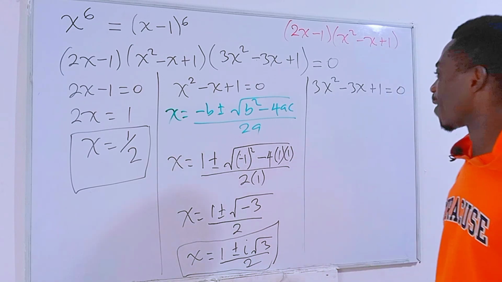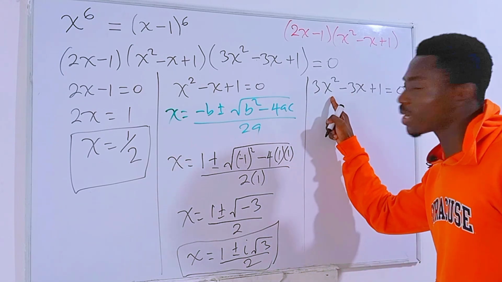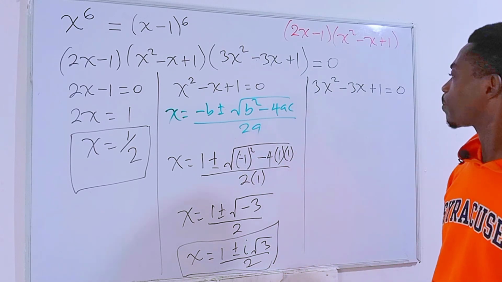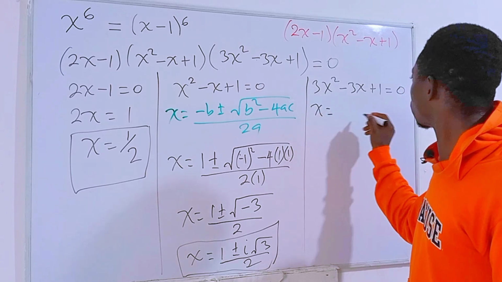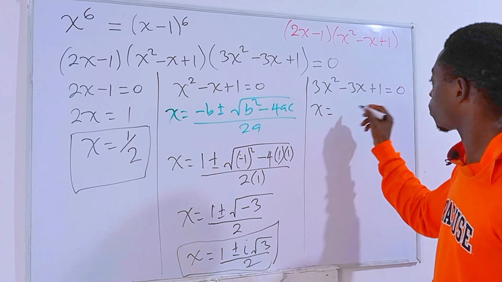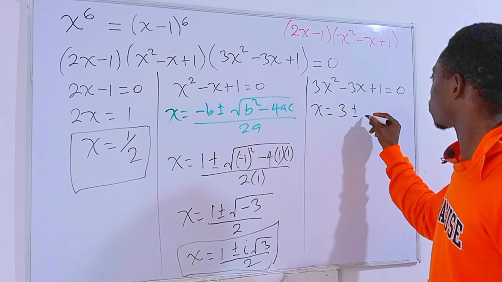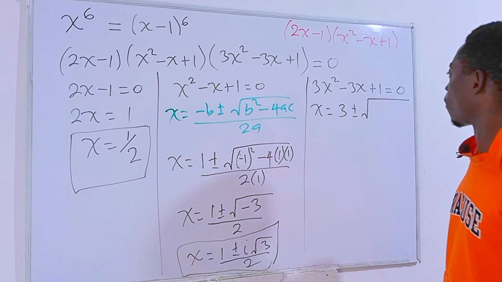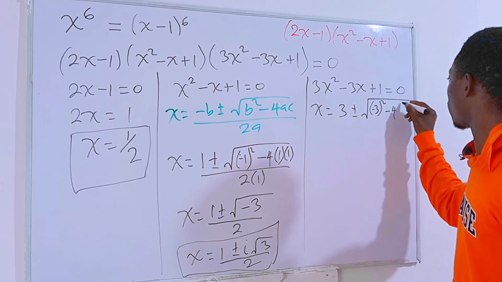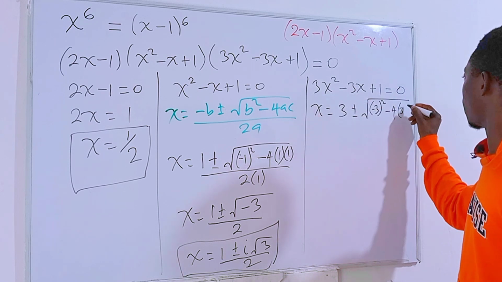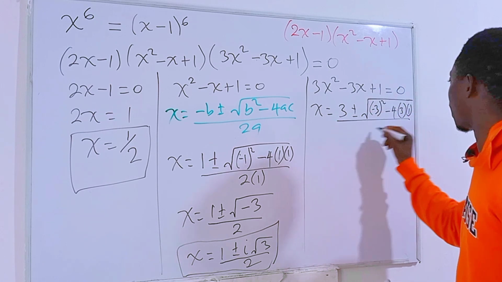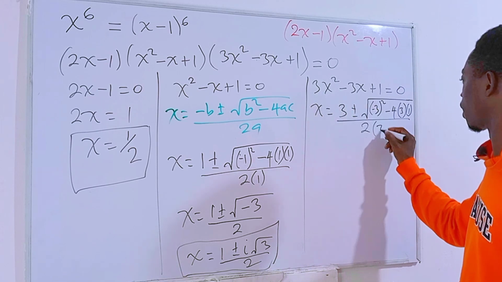And let's come to the last one. Looking at this one as well, we can't just use the factoring method to solve. So let's apply this formula here. In fact, we will have x is equal to minus b, b is negative 3, so negative negative is going to be positive 3, then plus or minus square root of negative 3 squared minus 4 times a is 3, then c is 1, just like that. Then all divided by 2 times a is 3.